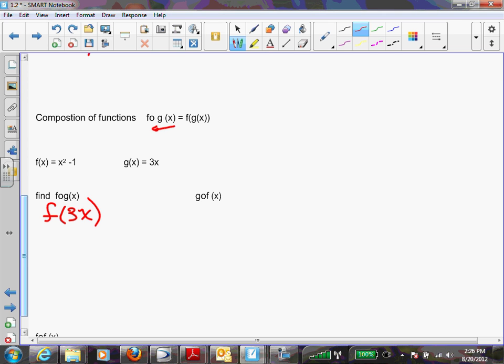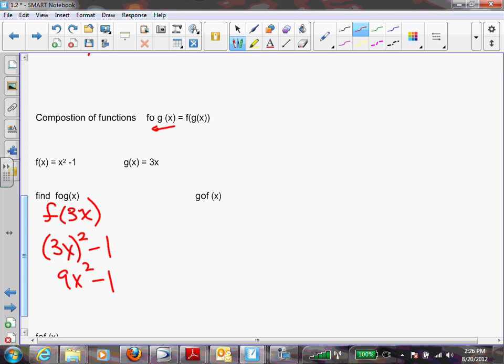So my f function is right here. So wherever there's an x, what am I going to input? Okay. So 3x squared minus 1 is the substitution. Agreed? And 3x quantity squared is what? 9x squared minus 1. And that's what f composition g of x, or f of g of x.